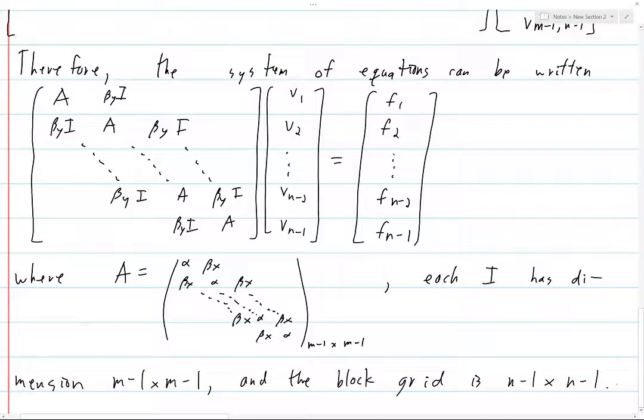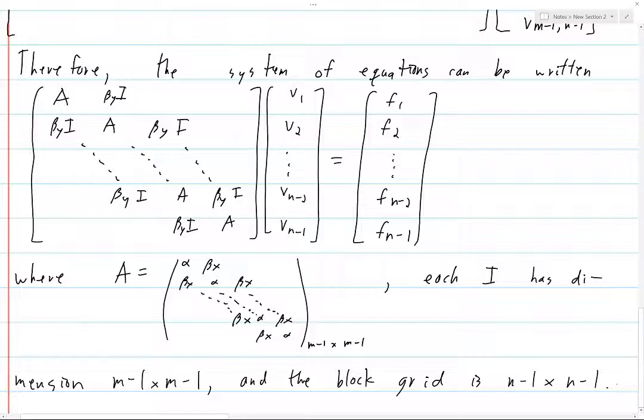Yeah, of course, because look, we've got n minus 1 row vectors here, and each row in each of these vectors corresponds with a block, and so you look at this block matrix and it should have n minus 1 by n minus 1 entries, and each of those entries is a block matrix of size m minus 1 by m minus 1. So this matrix as a whole has n minus 1 times m minus 1 rows and also the same number of columns. And so yeah, that's how we set up this system of linear equations.